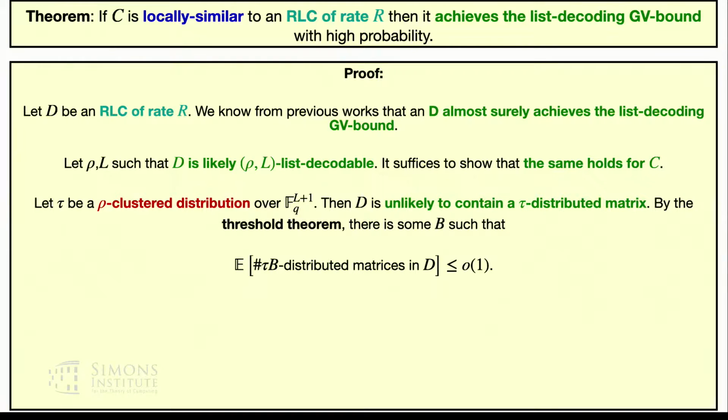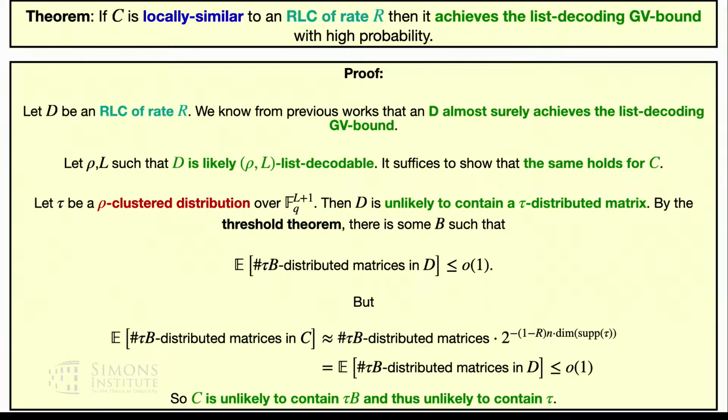So we know that D, the random linear code, is list decodable, so it's unlikely to contain tau. By the threshold theorem, how can it be unlikely to contain tau? There must be some B such that the expected number of tau B distributed matrices goes to 0. But because of local similarity, what's the expected number of tau B distributed matrices in C?